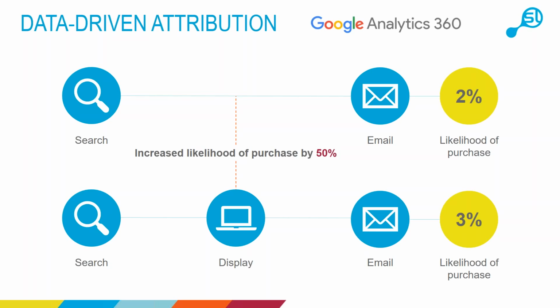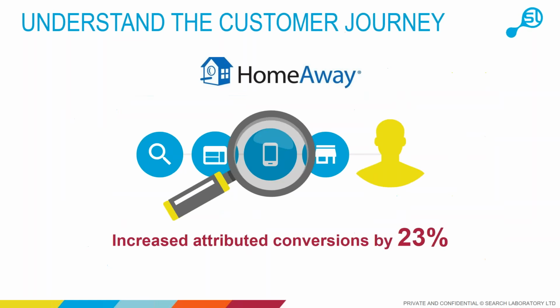The second path also converts at a higher rate, and so we can start to assume that the display touchpoint is having up to a 50% uplift in conversion rate in this example. This data-driven model takes the guesswork out of your attribution and provides a much more powerful and trusted insight into where you should be focusing your marketing efforts.